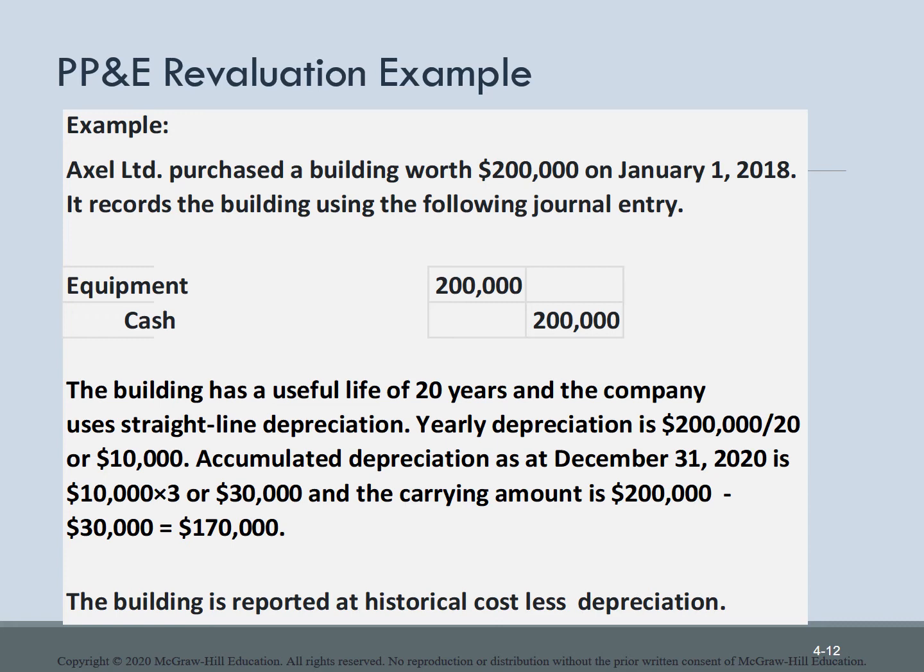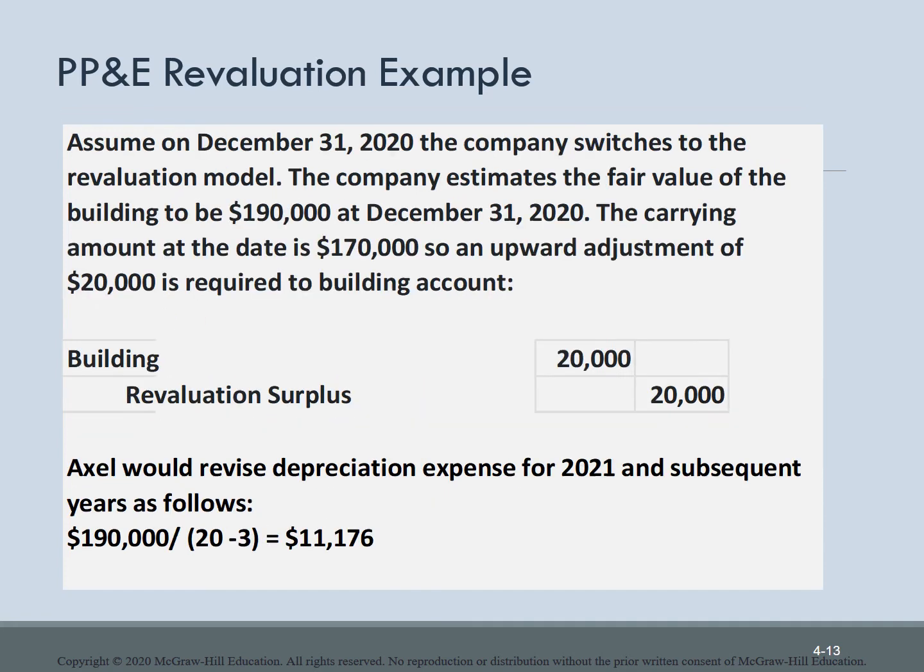So if we were looking at T accounts right now, our equipment account would have a $200,000 debit balance, and our accumulated depreciation account would have a $30,000 credit balance. So we're going to report it at book or carrying value, cost less depreciation, which is $170,000.